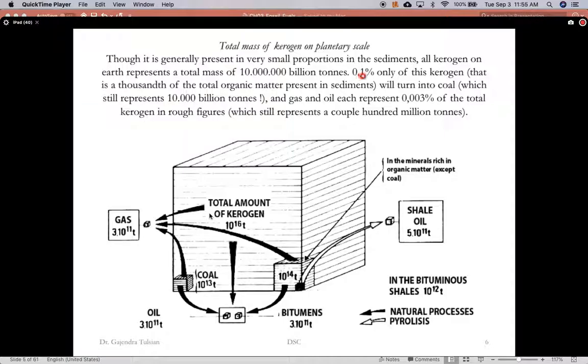No, actually, 1,000%... sorry, 0.003%, that is 3 parts per million, will get converted to gas and oil. Okay, so those are the numbers, and this diagram shows you all of that.